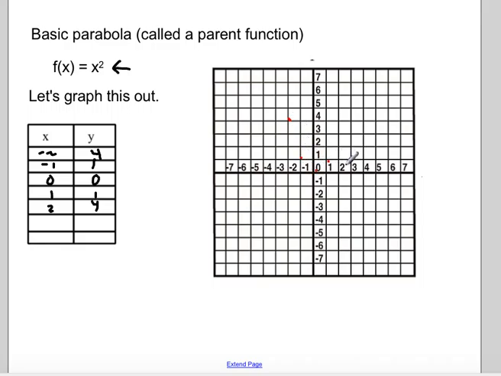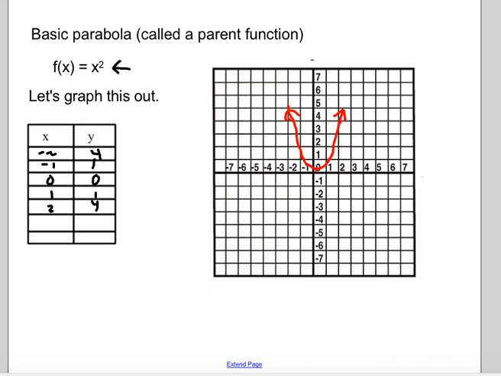So I'm just going to regraph this. That was a mess. So let's see if I can do this. All right, a little bit better. So there's my parabola there. It's sitting there at 0, 0.